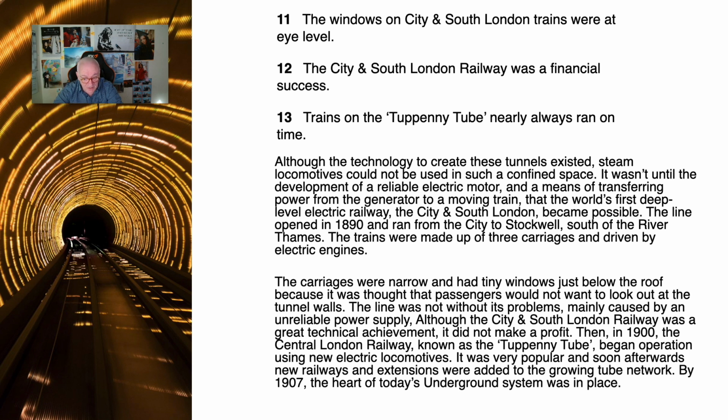And when we look at that, what do we find out? It says that the Twopenny Tube began operation using new locomotives. It was popular and they extended it. It doesn't say anything about them running on time. It doesn't say that they did run on time. It doesn't say that they did not run on time. So our answer is not given.